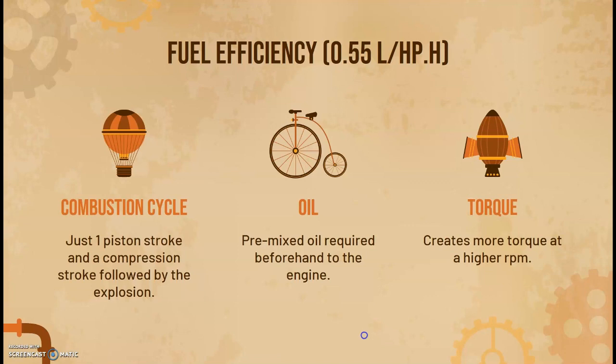First of all, there is just one piston stroke, a compression stroke followed by the explosion that compresses the fuel. The cylinders are not scavenged of exhaust gas by the piston forcing it out. It simply escapes because the outside air pressure is lower than the cylinder pressure after the spark ignites the fuel.